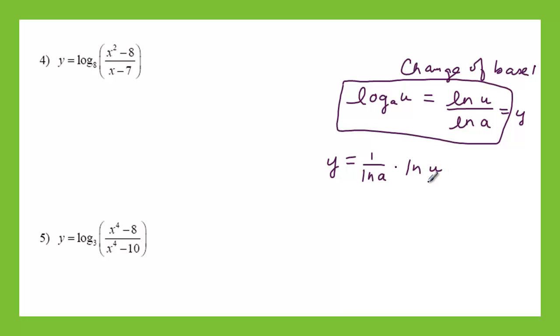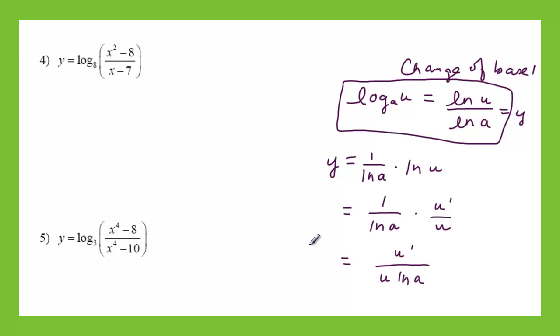Okay, so now we just have some constant times the natural log of u function, and we know how to take a derivative here. The natural log of a is a constant, so that's just going to hang out front. And the derivative for natural log of u is just u prime over u. That's a derivative that we do know. Then if we want to combine these, we can write this as u prime divided by u times natural log of a.